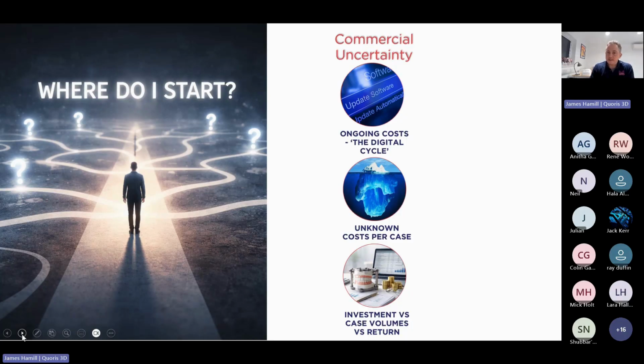So that's something that is there and something that people are worried about. They're also worried about, what's the cost of this case? How much is this going to cost me, and how much do I have to quote my patient? Do I have to give myself a buffer for things going wrong, etc.? So there's a certain anxiety around restoring some of these cases, especially if it's restoring an older case.